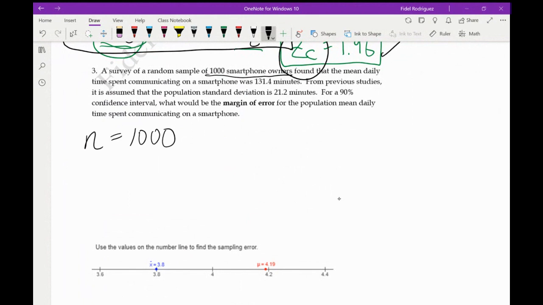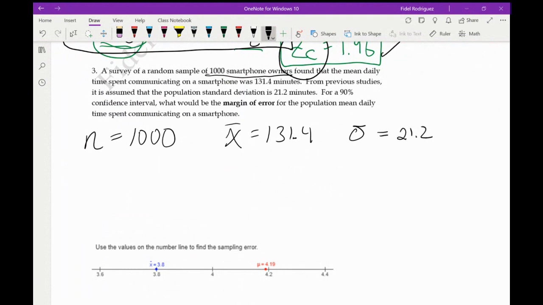It says we found that the mean daily time spent communicating on a smartphone was 131.41 minutes. So that's telling me that my X bar was 131.4. From previous studies, it is assumed that the population standard deviation is 21.2.